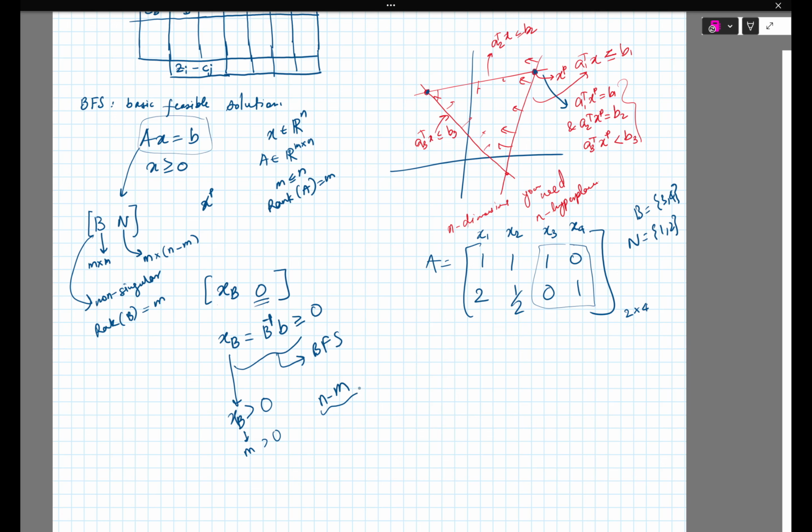So n minus m from this you get because of the equal to 0, and plus m constraints will be active because of ax equal to b. So this is from xn, the non-basic variable. This is 0, and this is because ax equal to b is satisfied by both xb and xn. So together this xb, 0 becomes a corner point.